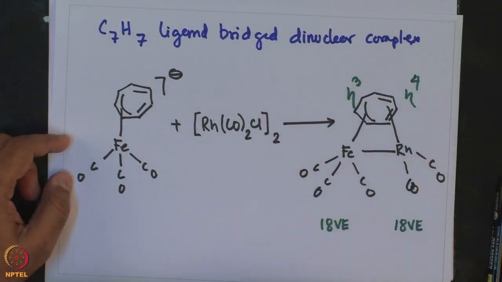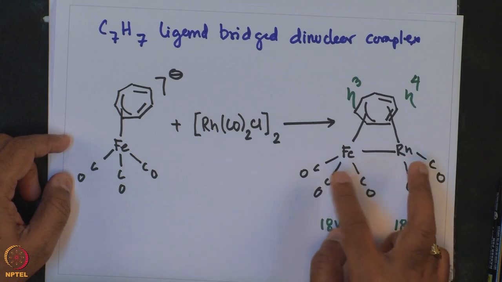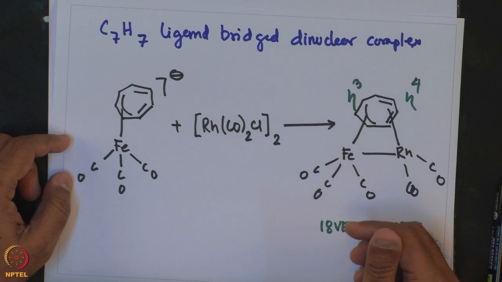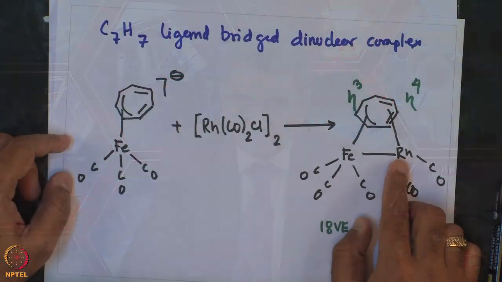Not only is this bridging binding mode of the C7H7 ligand interesting, because C7H7 is split into two bindings, eta 3 and eta 4, but it is also interesting in the fact that two different metallic centers have been stabilized because of this bridging binding. Another interesting fact about this complex is that it is one of the rare examples where a metal-metal bond is formed.